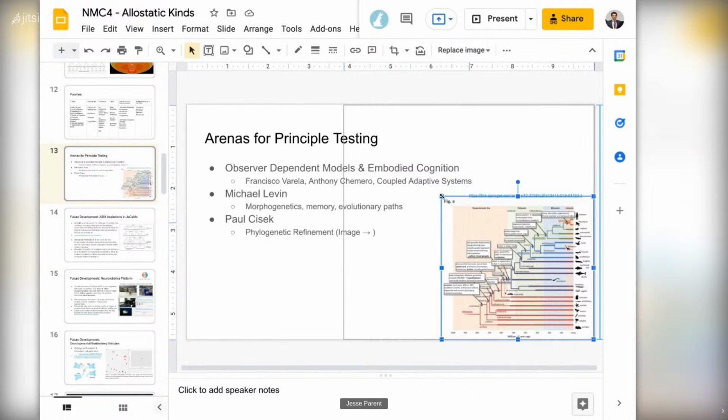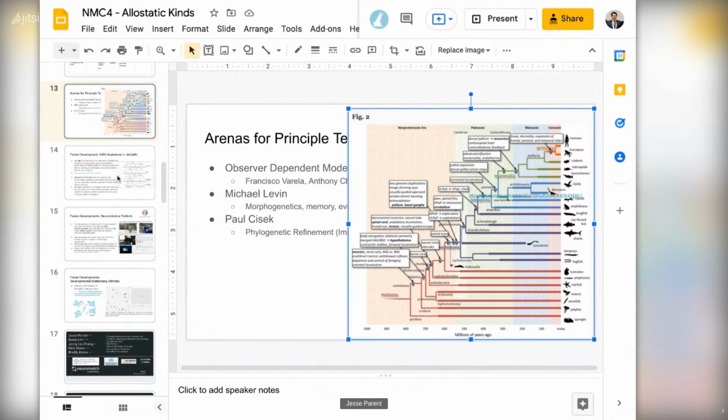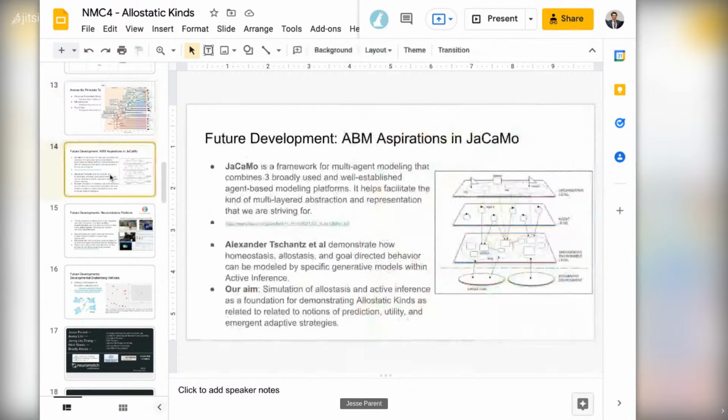I'll make this a little bit larger here, but different structural changes may affect how these kinds have potentially expressed themselves over time, and how the shaping of evolutionary processes may have coincided with the development and refinement of these kinds.